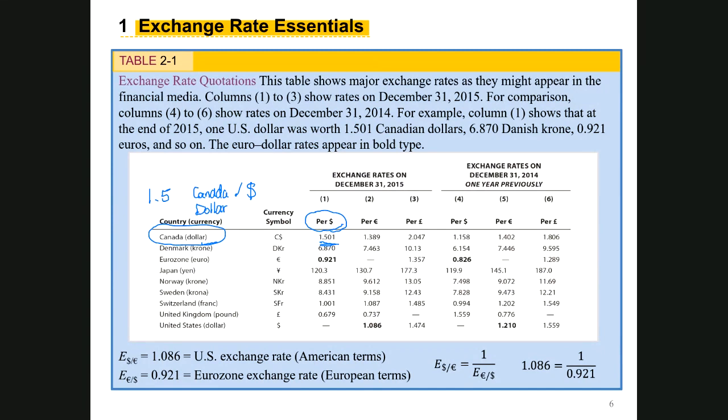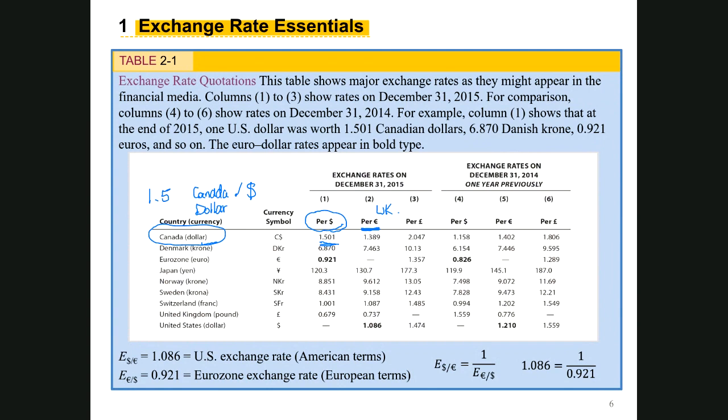Okay, so the second column, now the other currency we are looking at is not the dollar anymore. The foreign country right now is the UK, and their currency is called pounds, right?